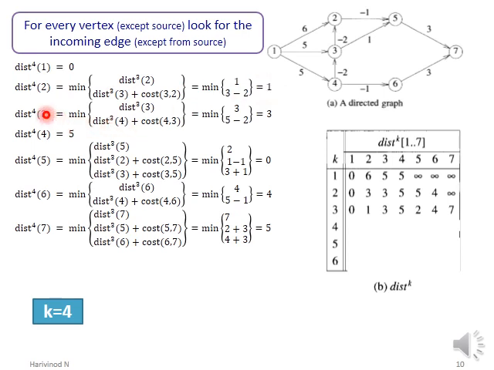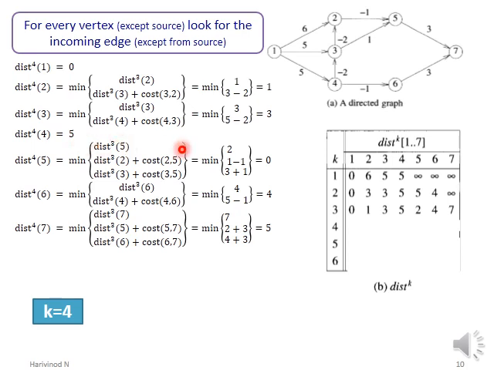For distance of 3, the earlier value is 3. The earlier value for 4 is 5, plus the incoming edge of minus 2, gives you 3, the same value. Distance of 4 is not updated as it has no incoming edges other than the source.